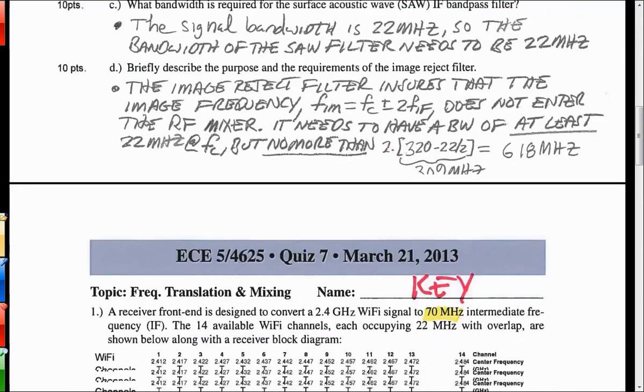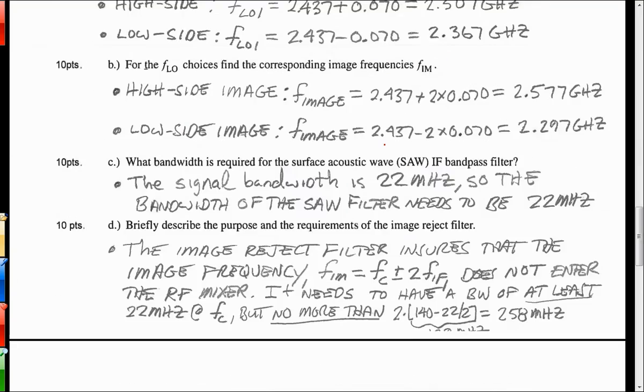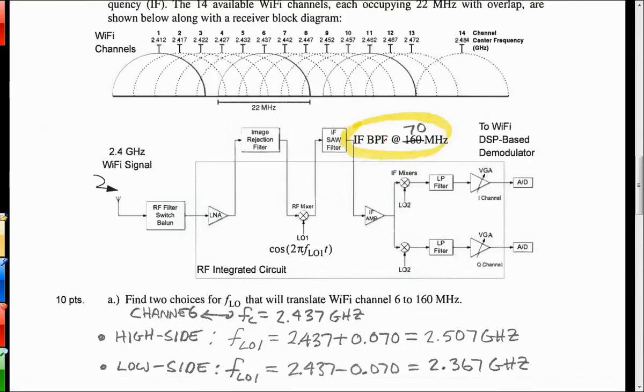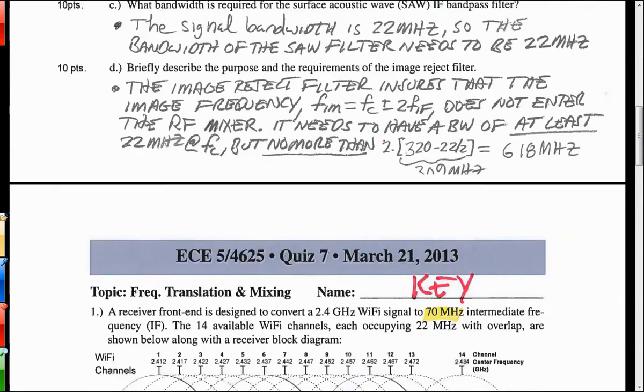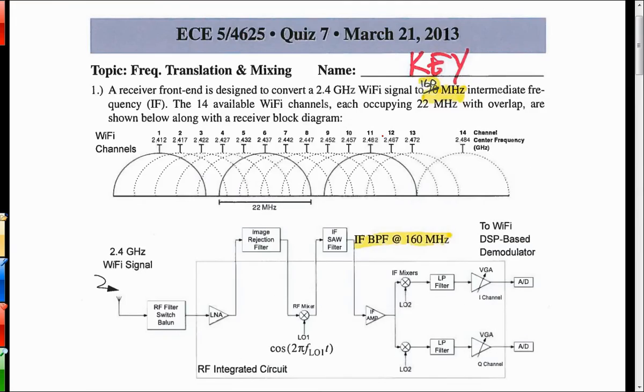So if I scan down through here, this is the same problem reworked with 70. But then I've got a third page that I'm going to go into some detailed discussion, things that were not necessary in answering Part D, but just some considerations I decided to write up last week.